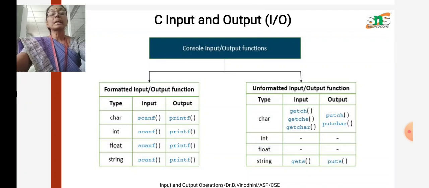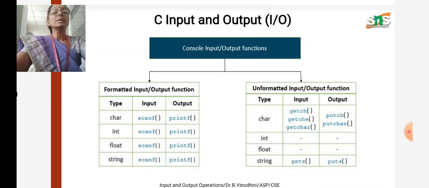Using scanf and printf, we can get the input and display the output in the console window for character, int, float and string. The unformatted input output functions are mainly used for the character and string data types.